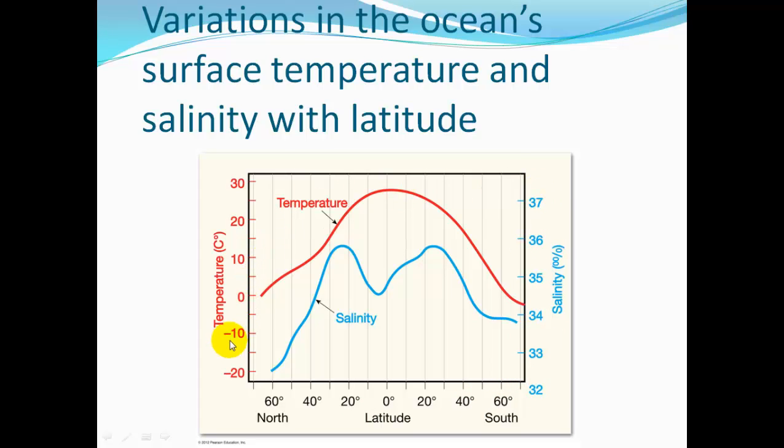Okay? So here we have our temperature graph. The ocean water is warmest near 0 degrees latitude, and in the high latitudes, the surface temperature is lowest. Now the salinity is also lower where the temperatures are lower, and higher where the temperatures are higher, with the exception of near the equator.